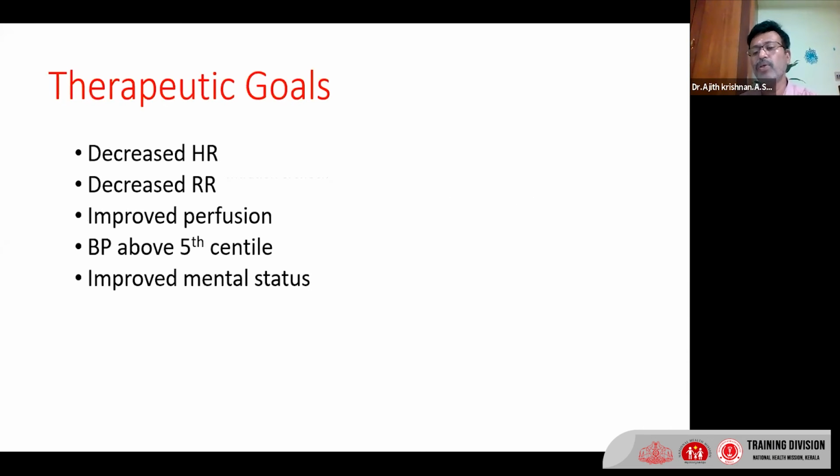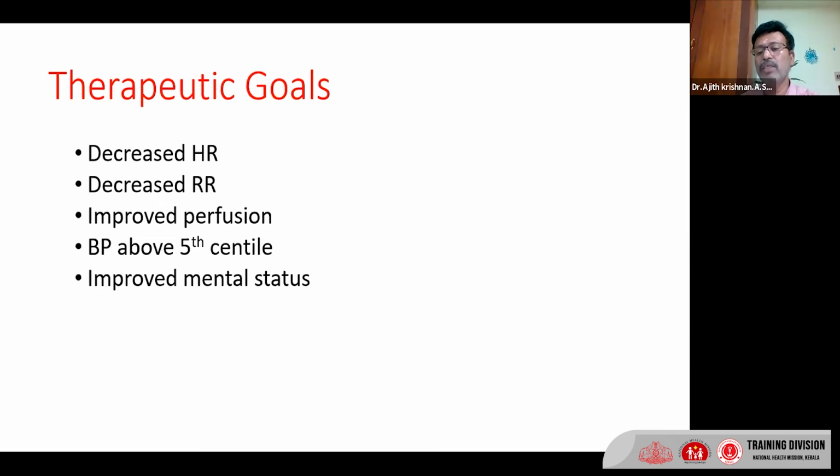And therapeutic goals, this is very important. What is happening to the heart rate? You should assess and write it down: the heart rate before giving treatment, before resuscitating the patient, the respiratory rate, the perfusion and BP, the mentation, the mental status.